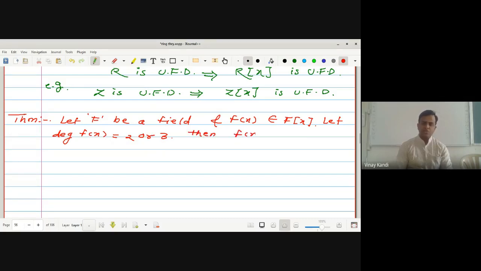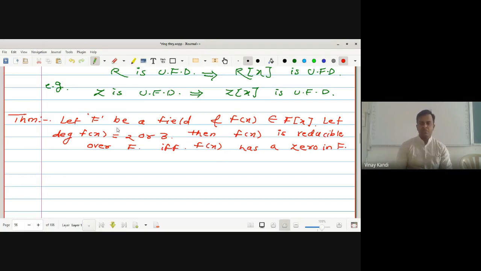Then f of x is reducible over F if and only if f of x has a 0 in F. Okay, what is the theorem?